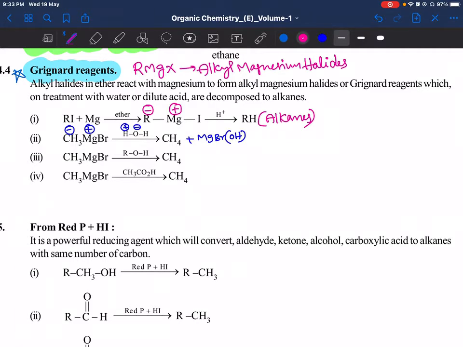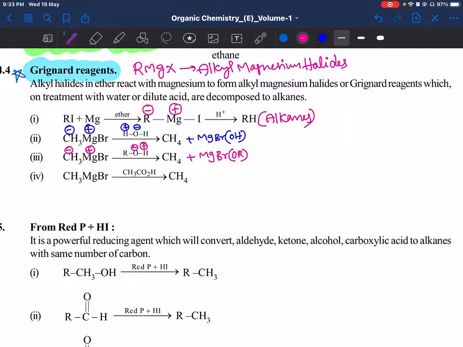Next, Grignard reagent, here Mg plus and CH3 minus, with RO minus H plus. This CH3 minus and H plus combine together to give the alkane methane, plus MgBr OR, an alkoxide.